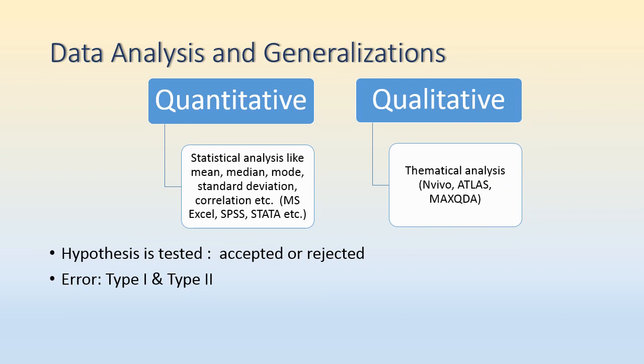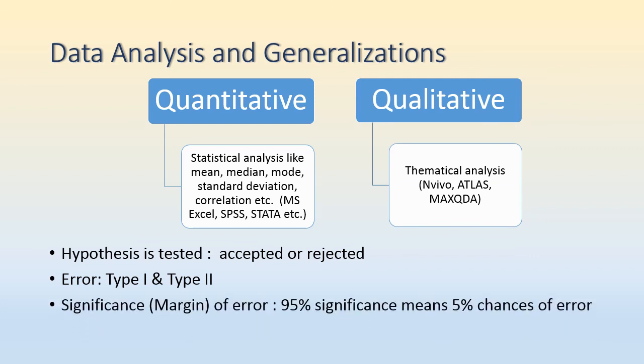Based on the statistical findings, if the researcher rejects the null hypothesis when in reality it is actually true, then it is called a type 1 error. If the researcher accepts the null hypothesis when in reality it is false, then it is a type 2 error.